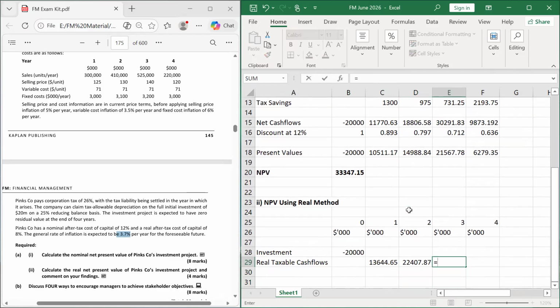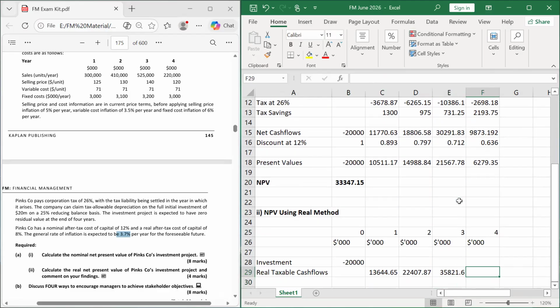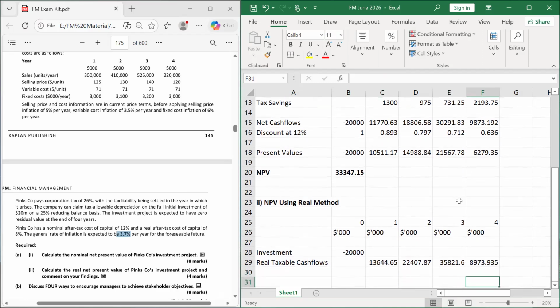Similarly, year three taxable cash flow divided by bracket 1.037 power 3, and for the last year, the taxable cash flow divided by 1.037 power 4. So 8973.935 is what you have got.